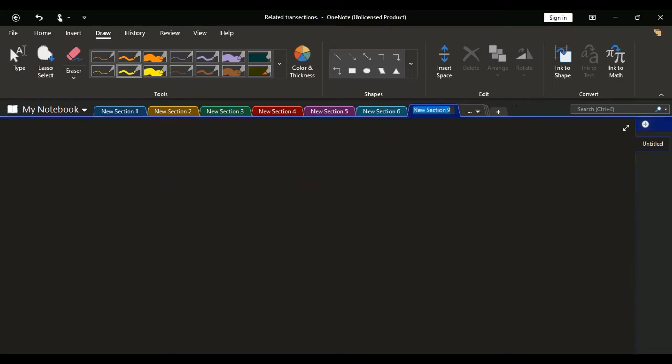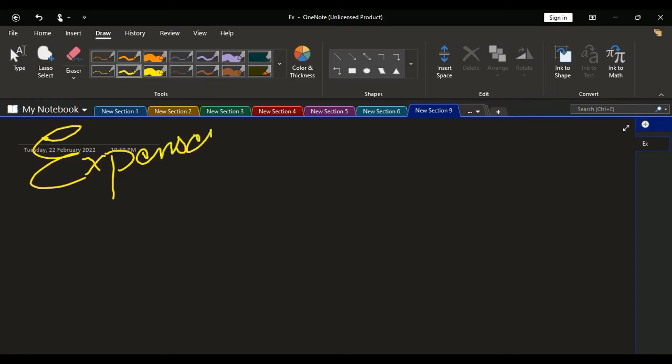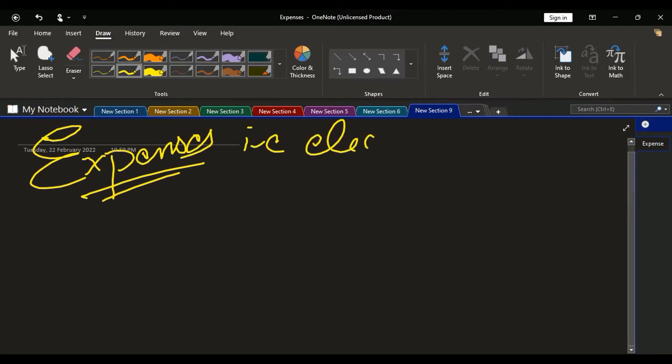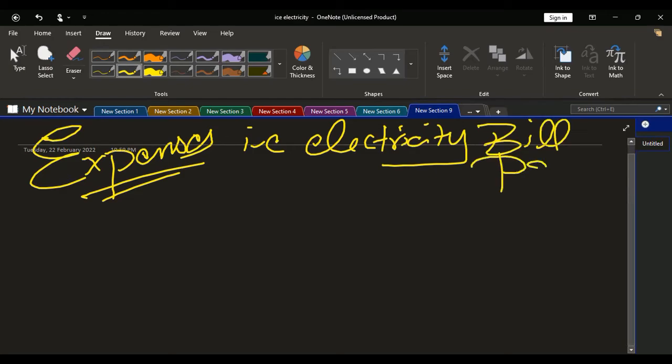Now move to the next category of transactions, that are expenses. For example, electricity bill paid through cash.